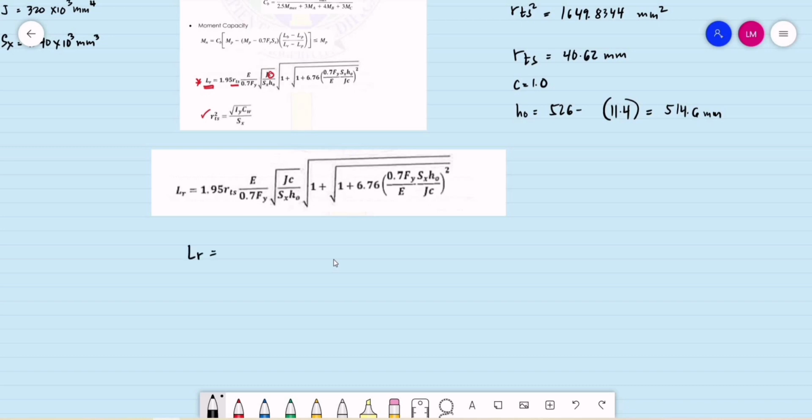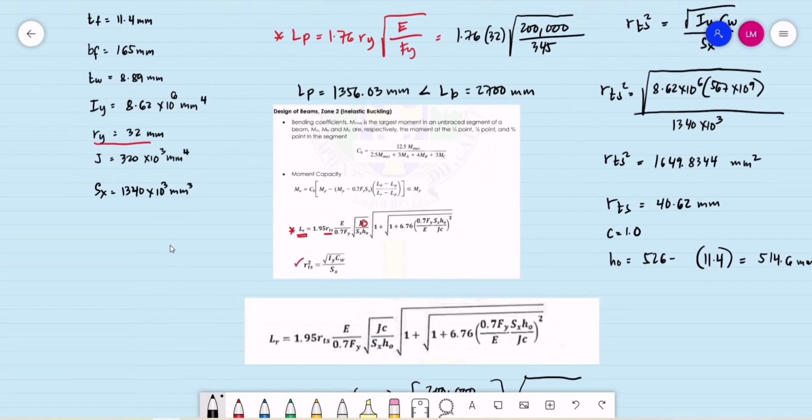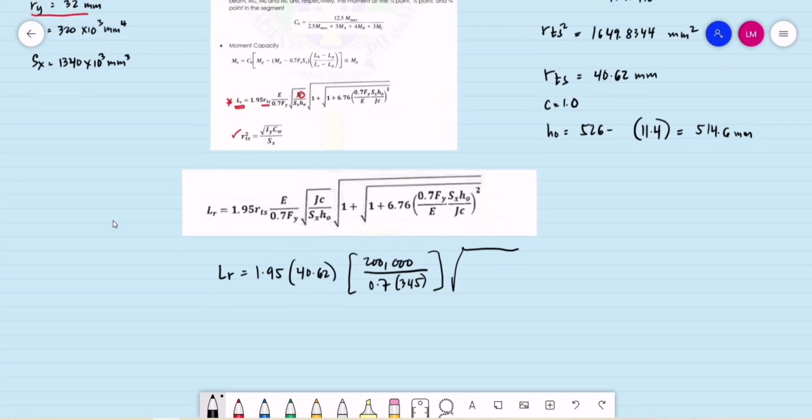The value of LR is equal to 1.95, our RTS is 40.62, multiplied by E, 200,000 megapascals, divided by 0.7 Fy, which is 345 megapascals. Then the square root of J. What is the value of J? That is 320 times 10 raised to 3. Then the value of C is simply equal to 1.0.